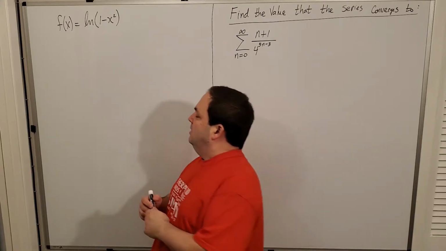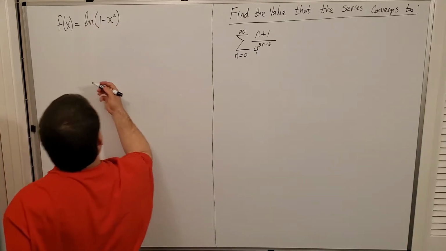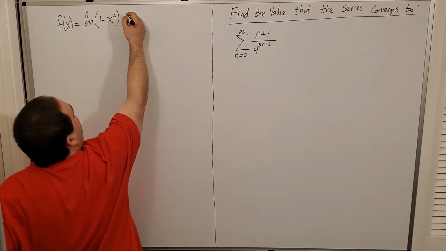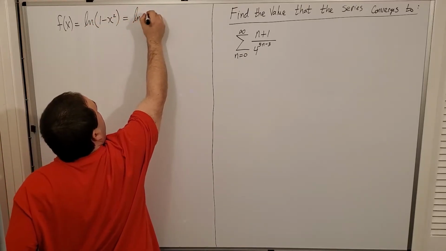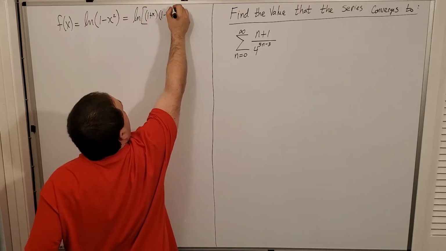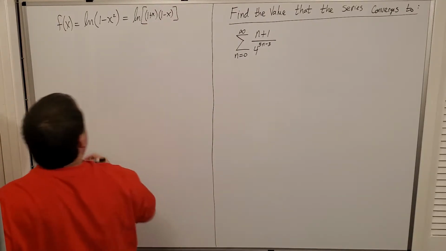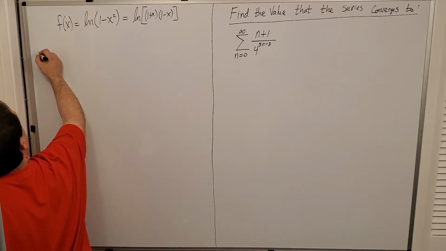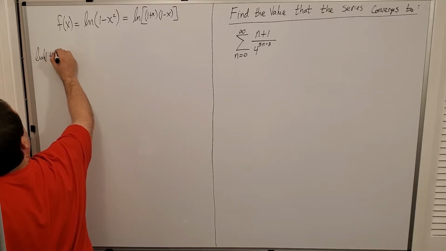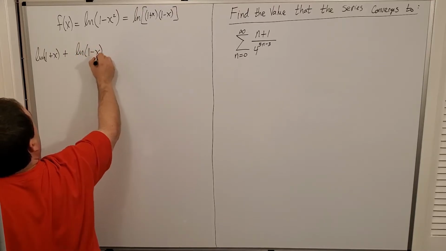Okay? So first, what I'll do with this is I'm going to split it by the logarithm rules. So the ln of 1 minus x squared is the same thing as the ln of 1 plus x times 1 minus x, just difference of squares there. And since it's a logarithm of a multiplication, I can take that and split it into the ln of 1 plus x plus the ln of 1 minus x.